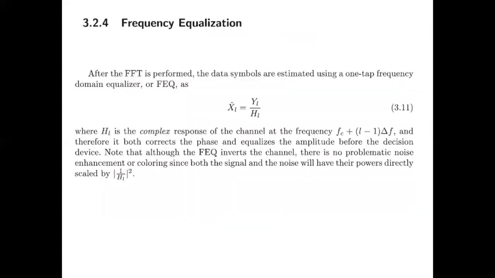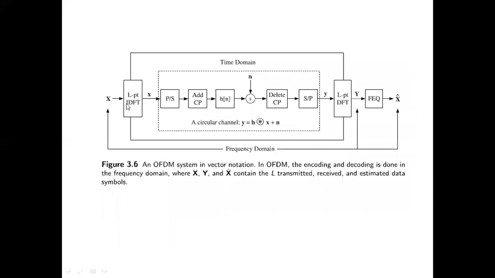Now let us talk about frequency equalization. This is what I was talking about. You took the IDFT, converted data from parallel to serial, added the cyclic prefix, and the channel H adds some noise. This is additive noise, that's why there is a plus n; you cannot avoid additive noise. Then you delete the cyclic prefix and convert serial to parallel. You delete the cyclic prefix, but it doesn't matter; your answer still matches that of a circular convolution.